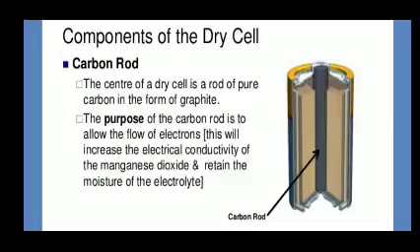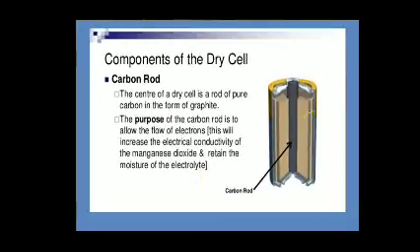The purpose of the carbon rod is to allow the flow of electrons in external circuits. This increases the electrical conductivity of the manganese dioxide and retains the moisture of the electrolyte. Main component: carbon rod.